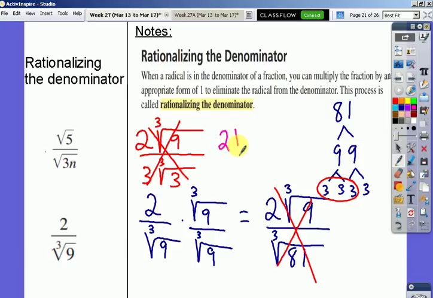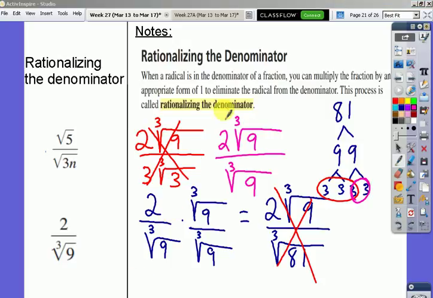If on the top I have a cube root of 9, then I have to have still a cube root of 9. I think there might be an issue here.